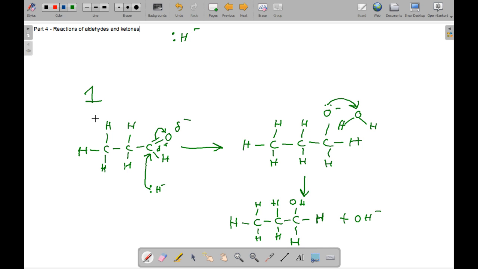Right, now we're going to go through the reactions of aldehydes and ketones.